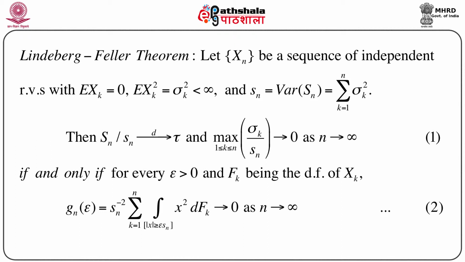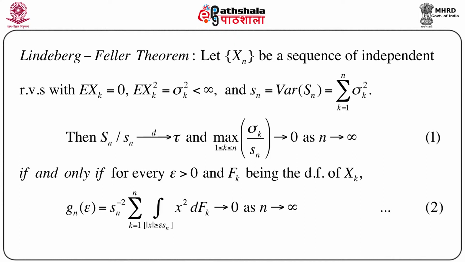Then the normalized sum, capital Sn by small sn, converges in distribution to tau, a standard normal random variable, and the maximum over k between 1 and n of sigma k by sn goes to 0 as n goes to infinity, if and only if, for every epsilon greater than 0 and Fk being the distribution function of Xk, we have Gn(epsilon) equals sn to the power minus 2 times the summation k equals 1 to n of the integral of x squared dFk over the set modulus of x greater than or equal to epsilon times sn.